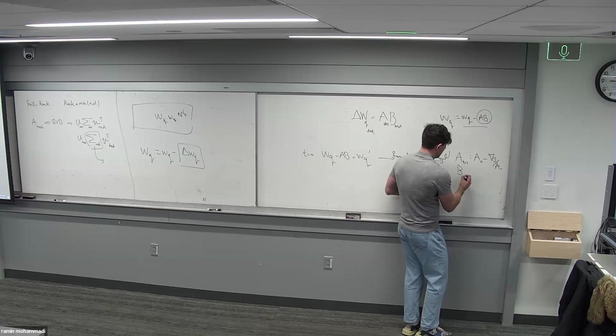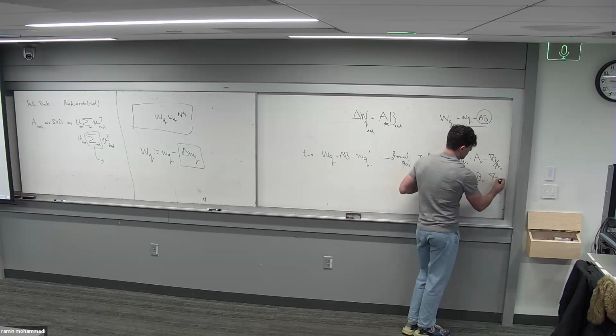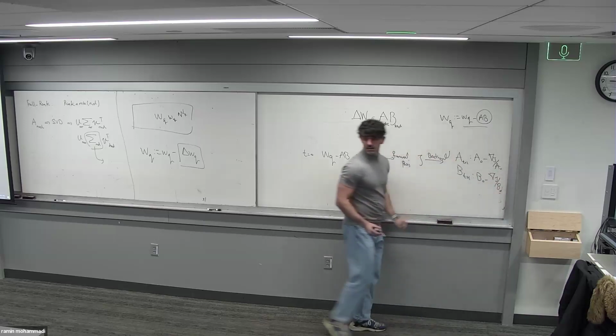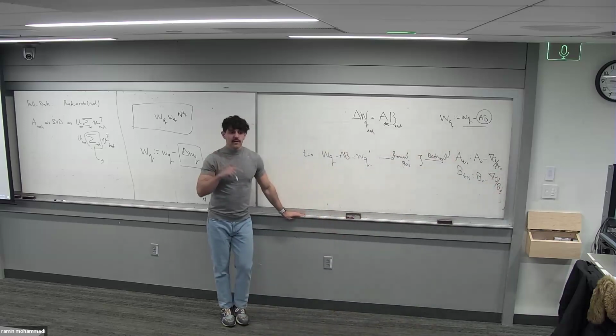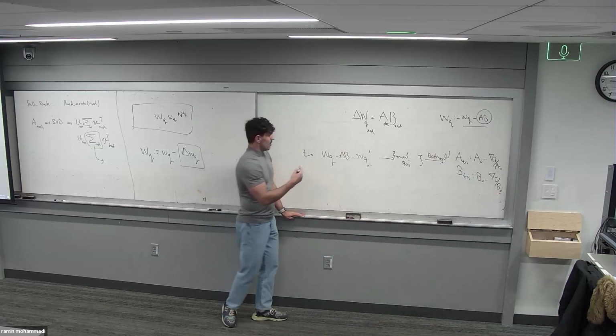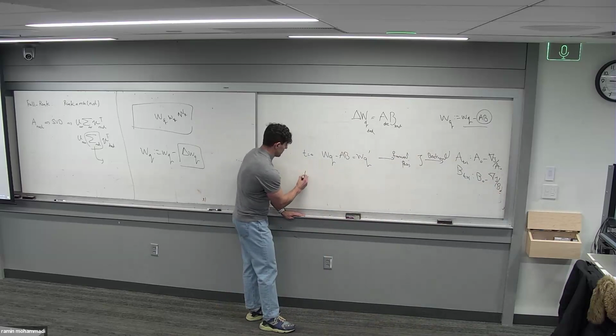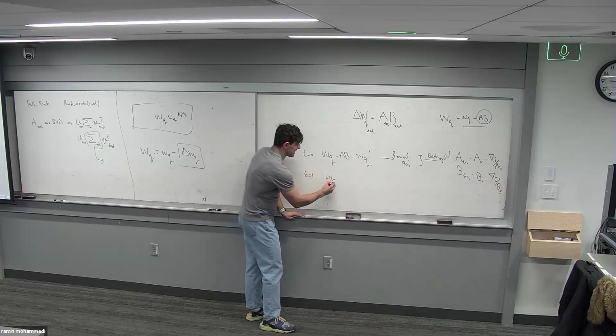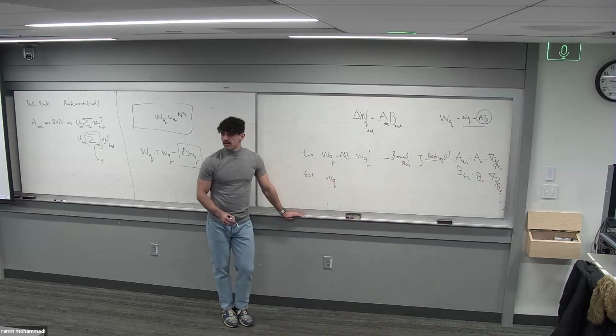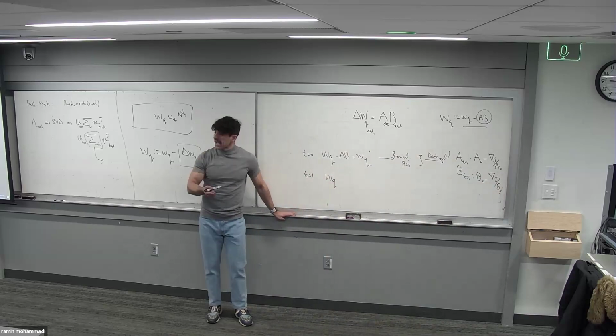B at time 1 becomes B at time 0 minus the gradient of J with respect to B at time 0. So now I found the gradients of A and B and updated A and B. Now I go to the next iteration. I still use the same W. I don't update W. I just focus on A and B.